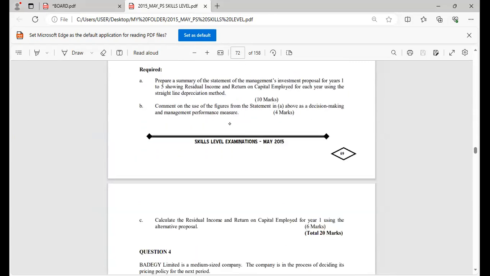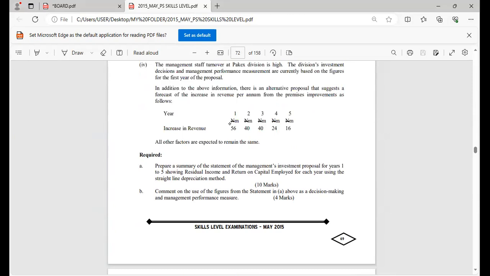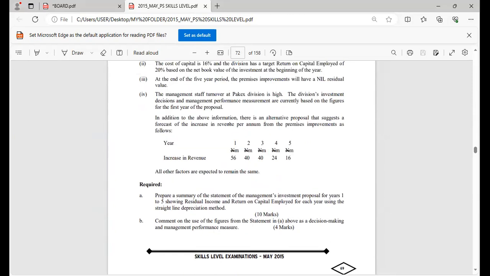So we're not going to make use of the 56 investment and all that we have for all the years. I mean the increase in revenue that we have for each year. Look at something. Read from this part.